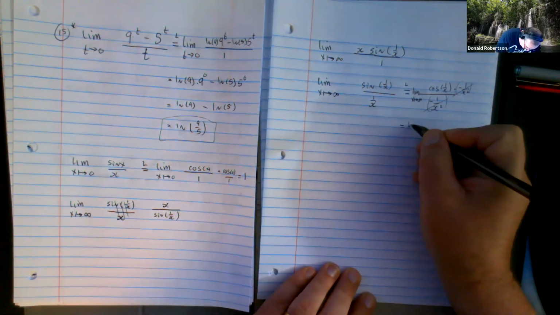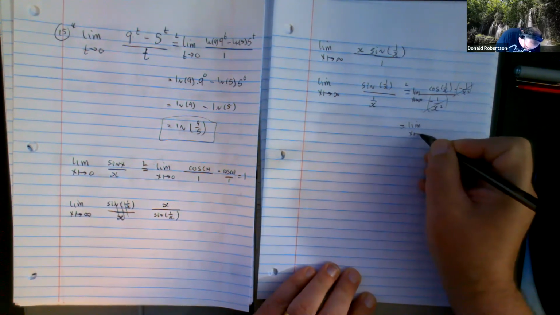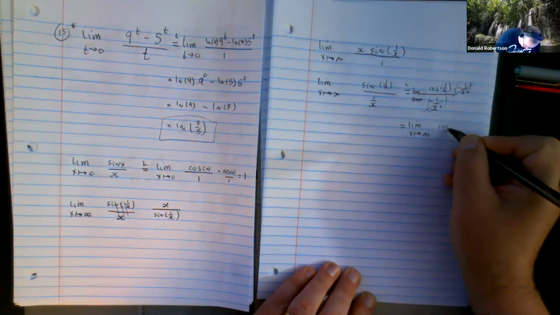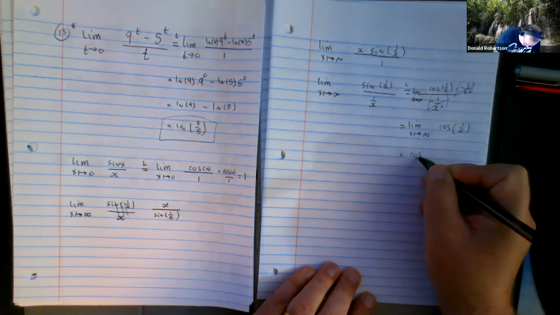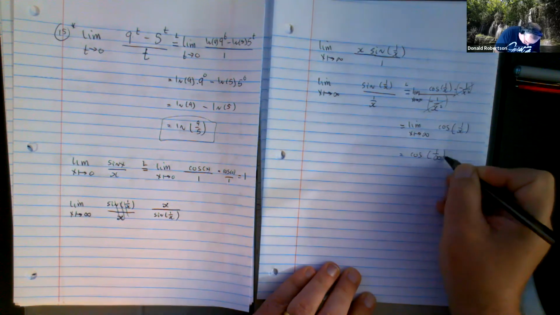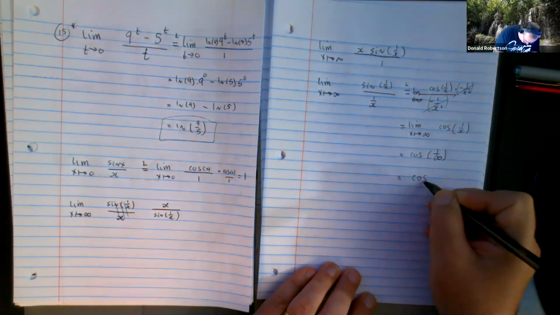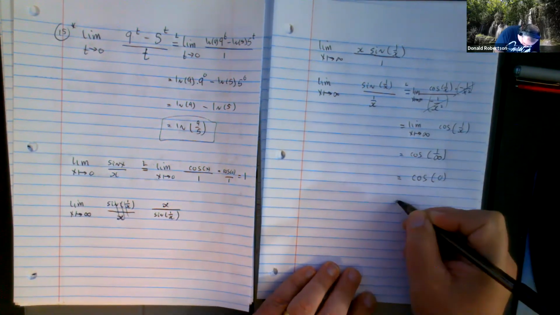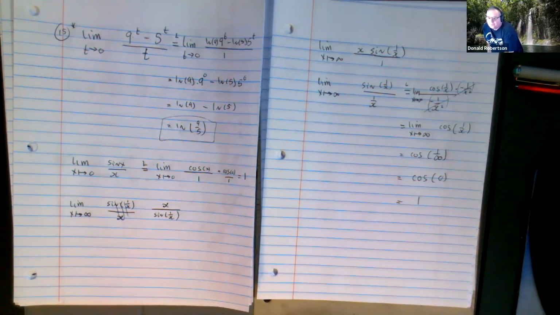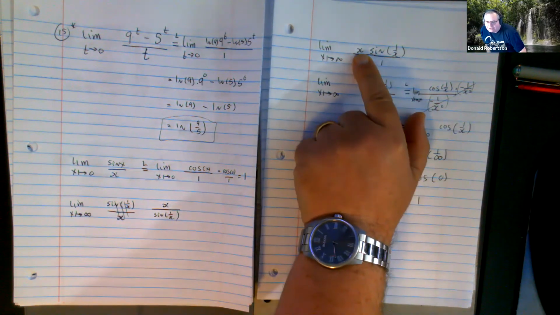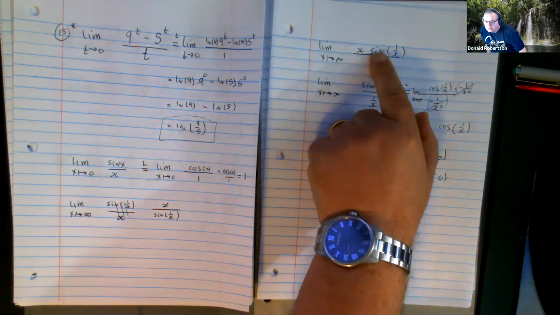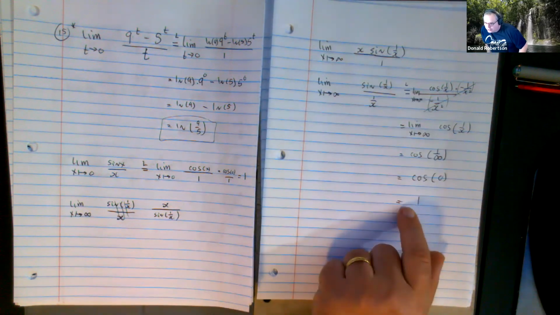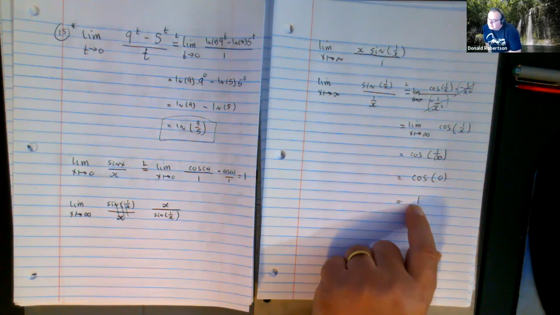So what you've now got is the limit as x tends to infinity of the cosine of 1 over x, which is the cosine of 1 over infinity, which is the cosine of 0, which is 1. So the function x sine of 1 over x, as x gets infinitely large, should flatten off at 1.